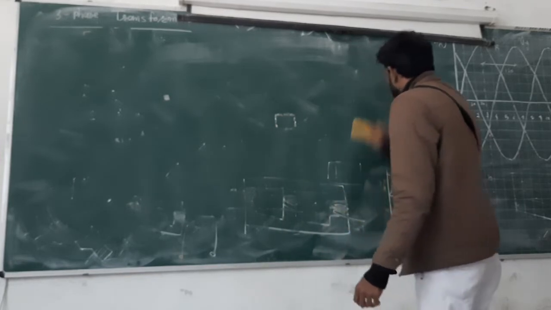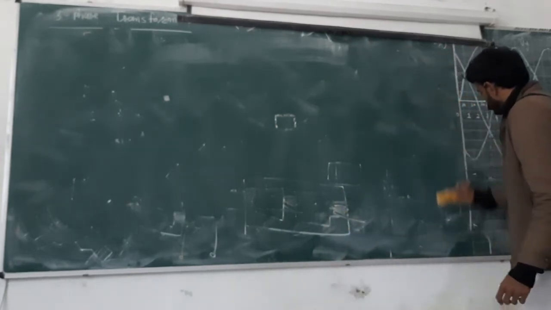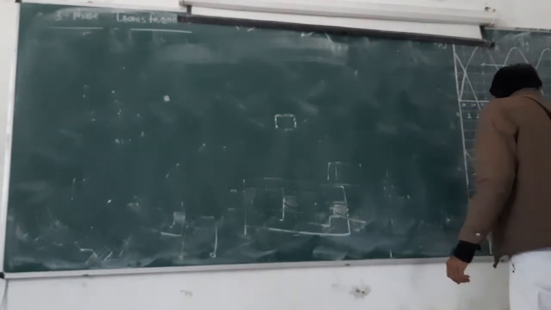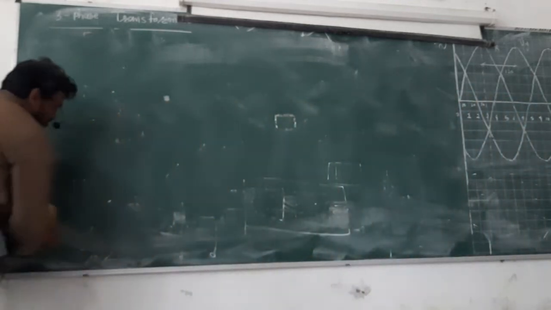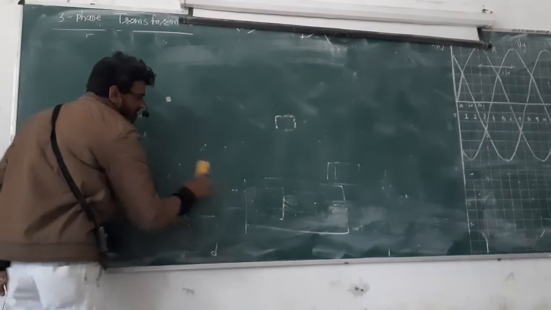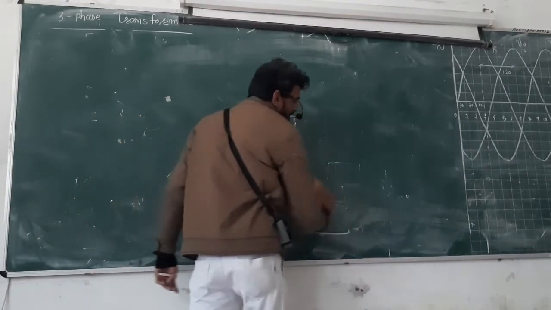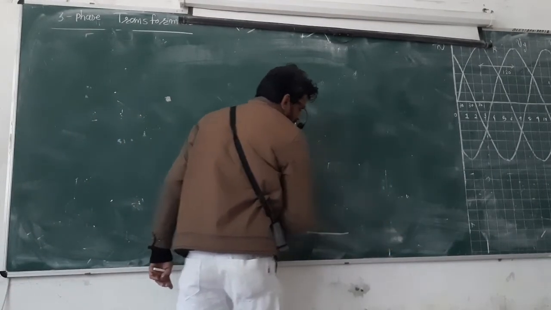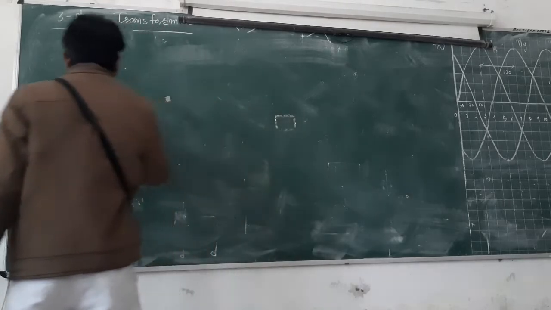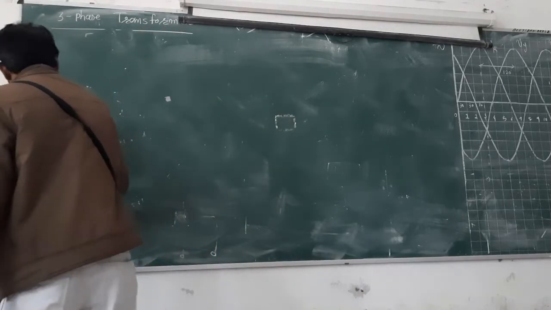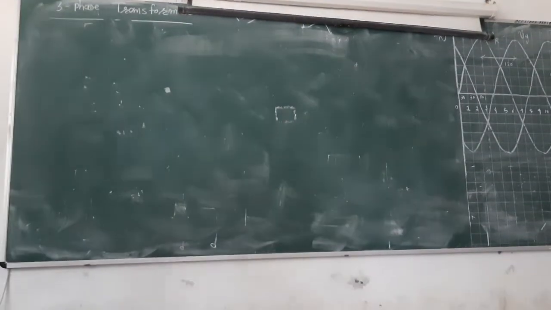Three phases are better than single phase. Why? Because all the motors work on three-phase supply, so you need that. For a long transmission line, you need to step up. For that, a three-phase transformer is needed, and for step down purposes also we need a three-phase transformer.